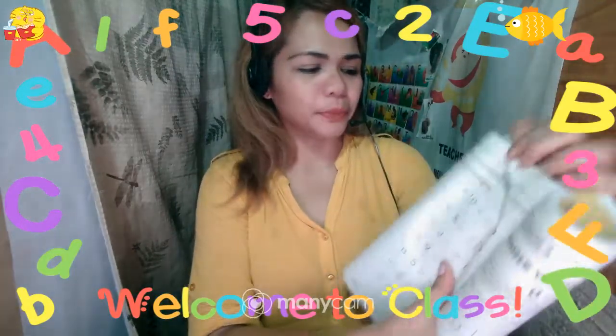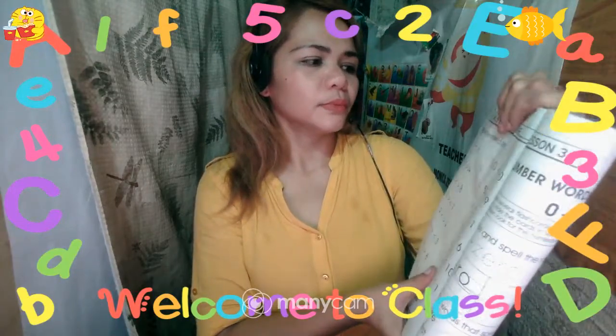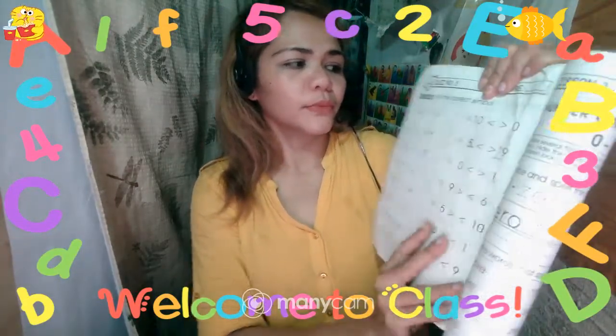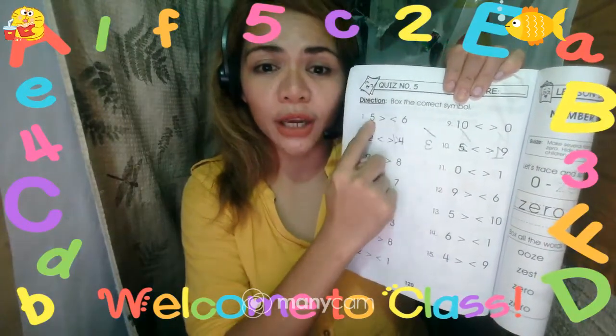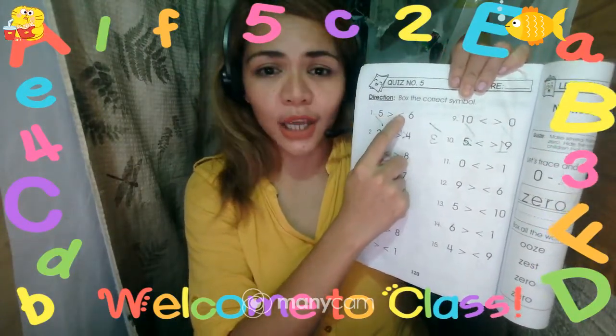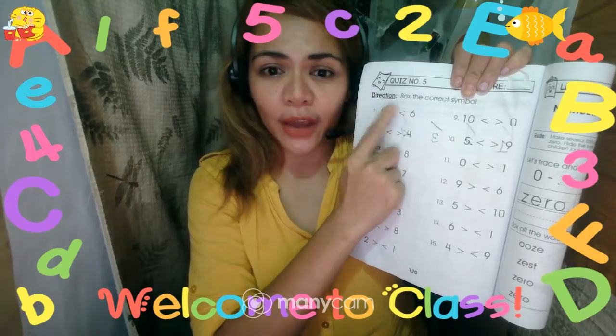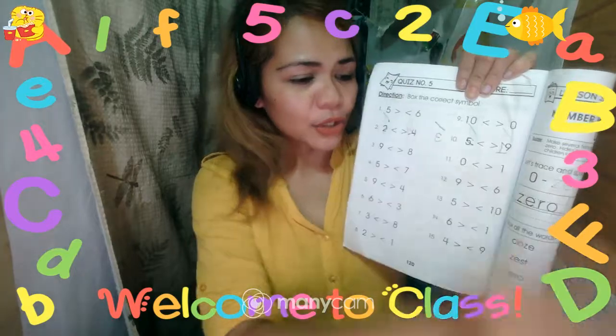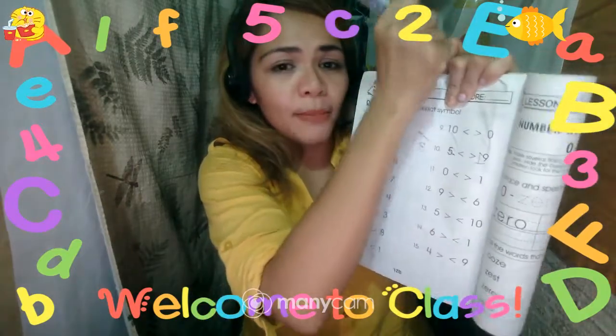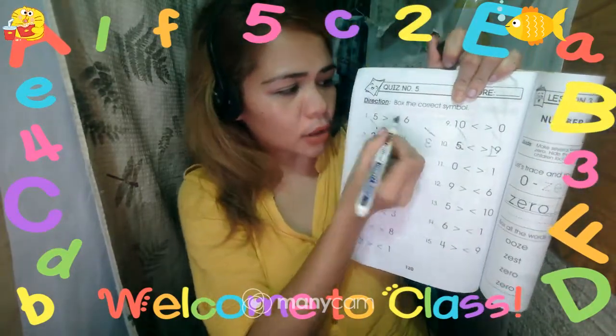Okay, example. You're going to box the correct symbol here. So we have greater than and less than here. Sino bang mas malaki, si 5 or 6? Yes, si 6, right? So dapat yung nakanganga na bibig, ito, this one.